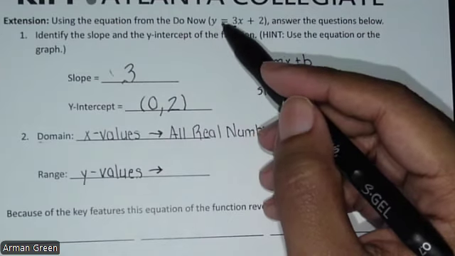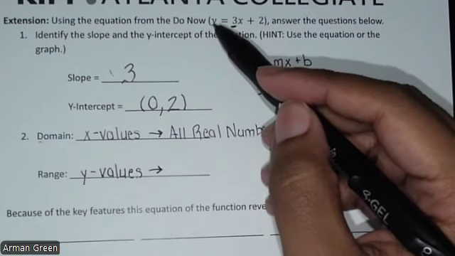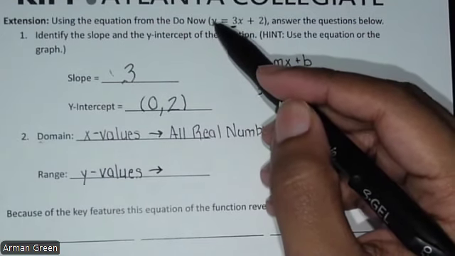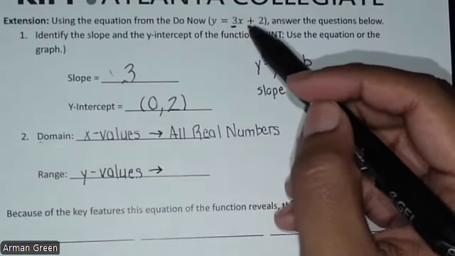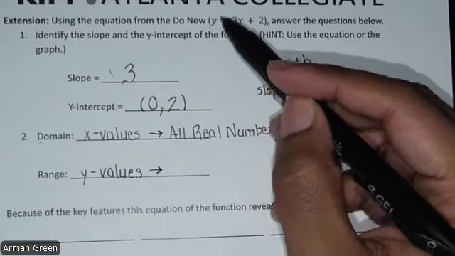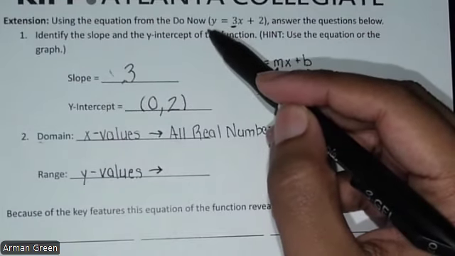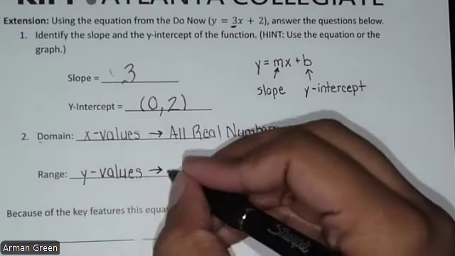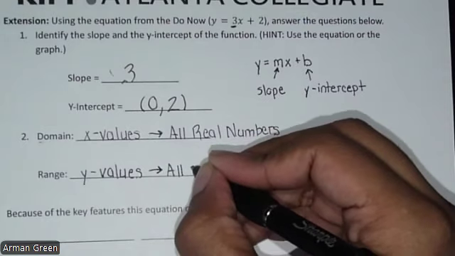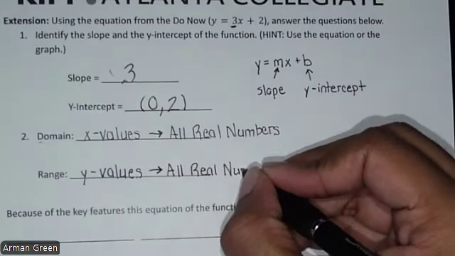Is it possible to plug in any value for x and get any positive number? Yes, that is also possible. And same thing for negative numbers. I can plug in any negative number I want in here, and no matter what, I'm able to get any negative number as an output as well. So in this case, similar to domain, our range is all real numbers.